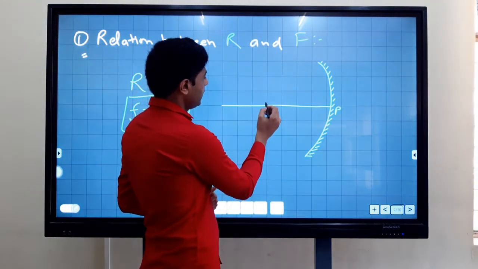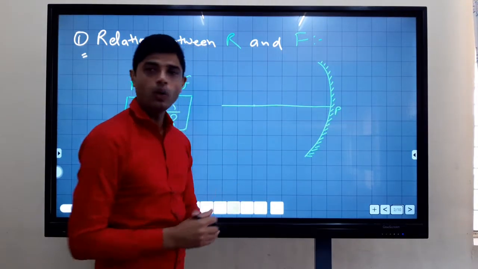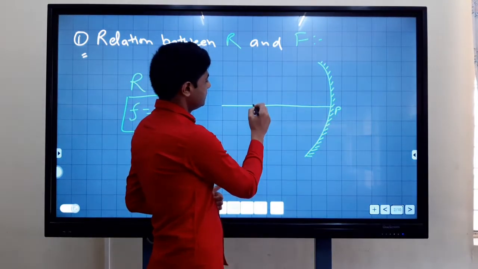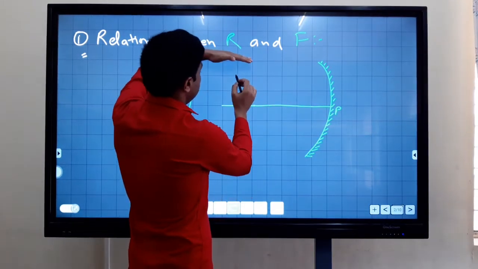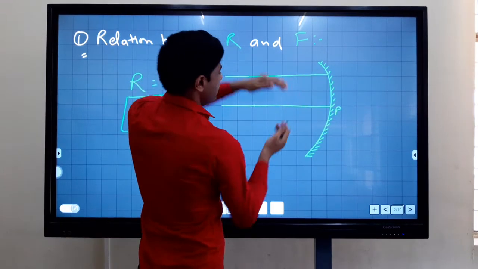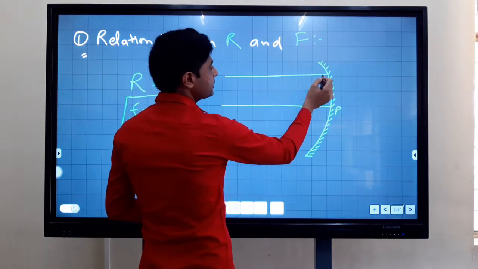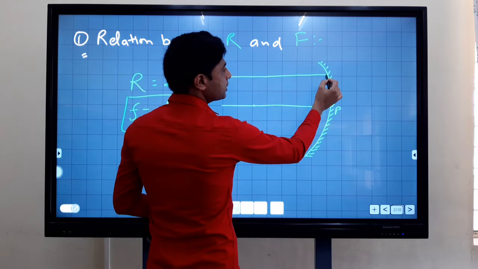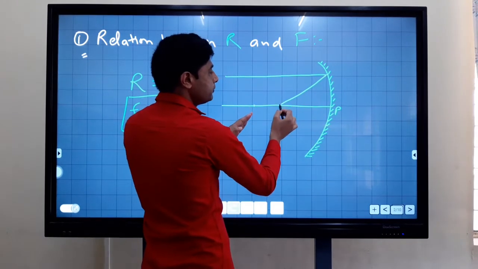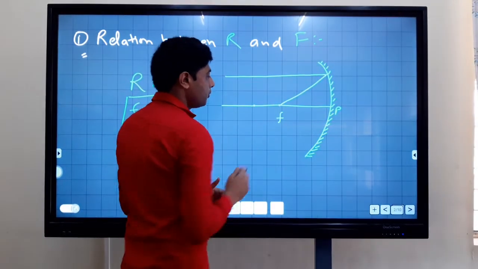Let a point object be placed at point O, then a ray of light travels parallel to the principal axis. After reflection, this ray of light passes through the focus point. This is the focus point.